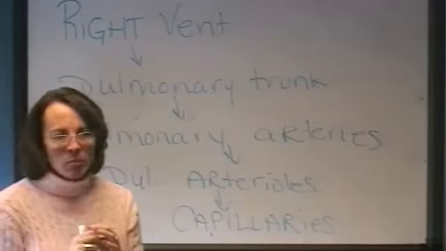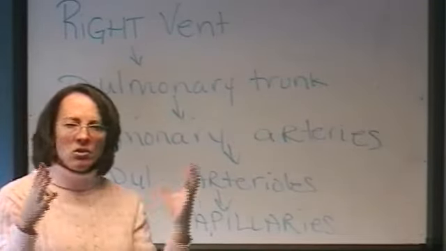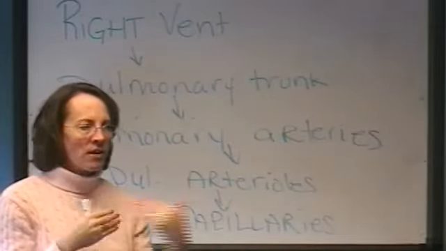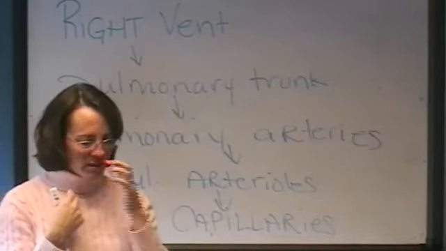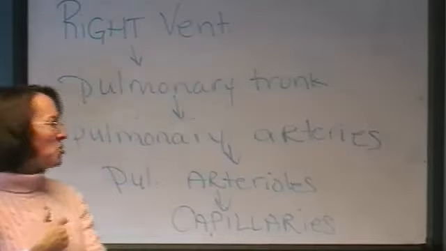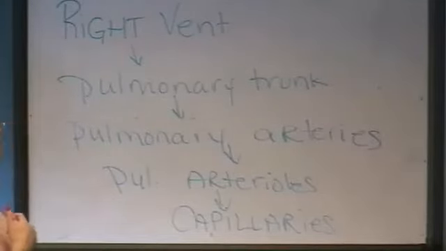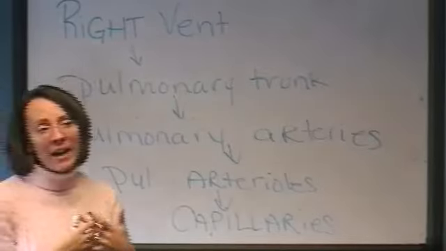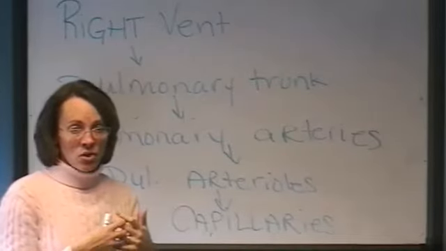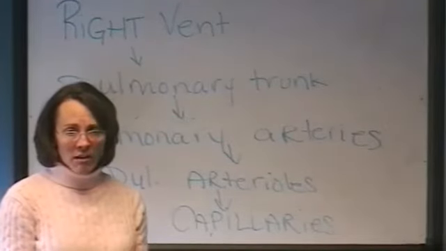A capillary, remember, is going to be 1 cell thick. So we have nice quick transmission of those gases across that 1 cell thickness. So blood's going to come from the heart, specifically the right ventricle, pulmonary trunk to pulmonary arteries, because don't forget that these are vessels, arteries moving away from the heart.